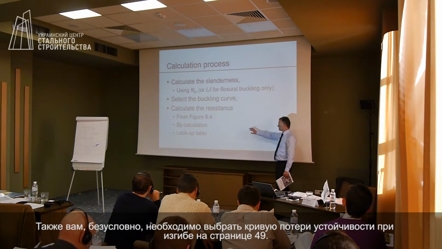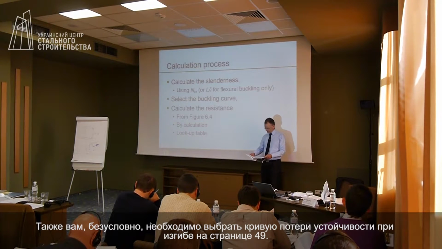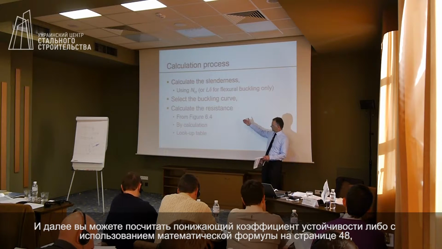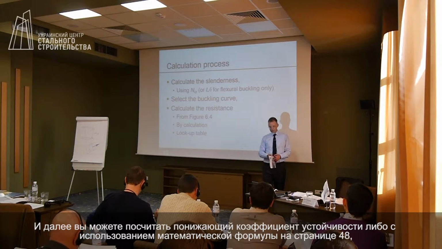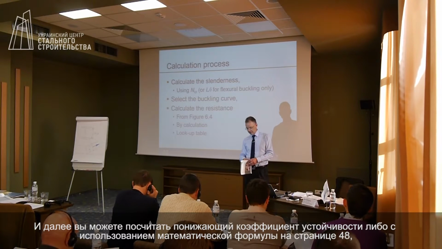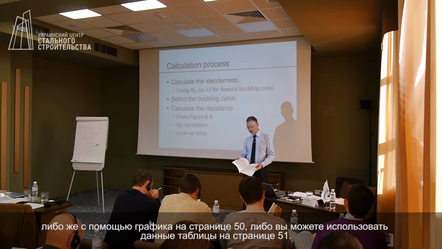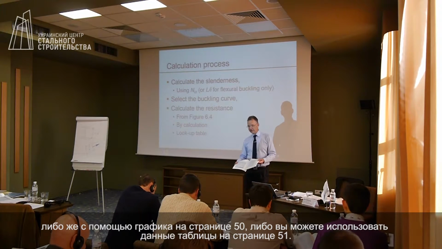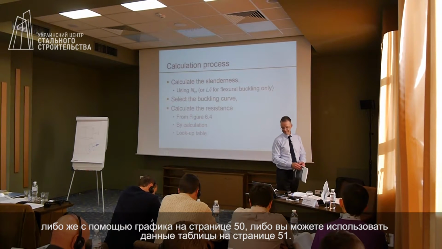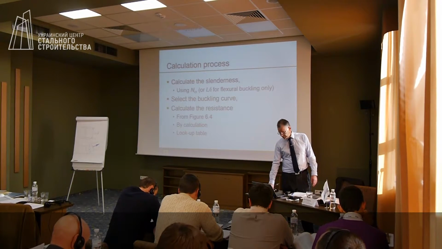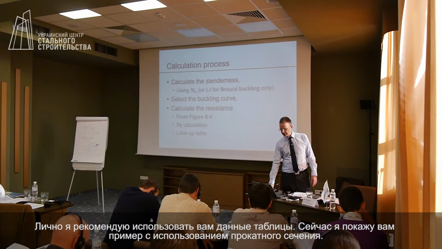You certainly need to select the buckling curve from page 49, and then you can calculate the reduction factor. You could either use the maths on page 48, the figure on page 50, or the lookup table on page 51. Personally, I recommend using the lookup table.